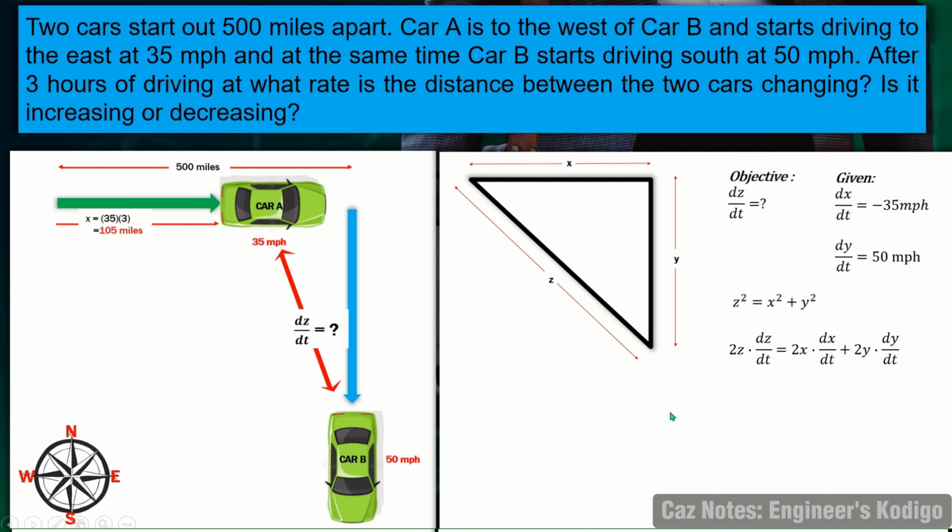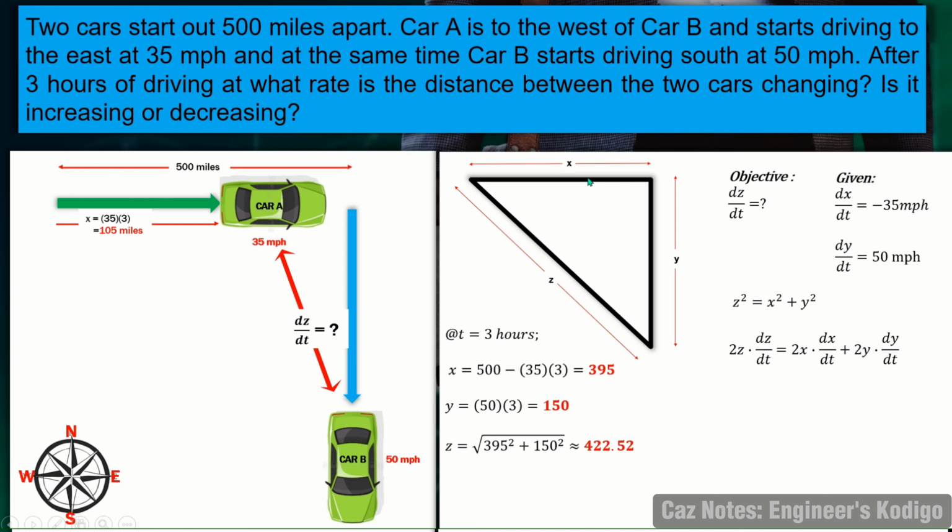So we will simply calculate the values of z, x, and y at time equal to 3 hours. At time equals 3 hours, the value of x is equal to this expression: 500, which is the initial distance from here, minus the total distance x has traveled during the 3 hours, which is 105 miles.